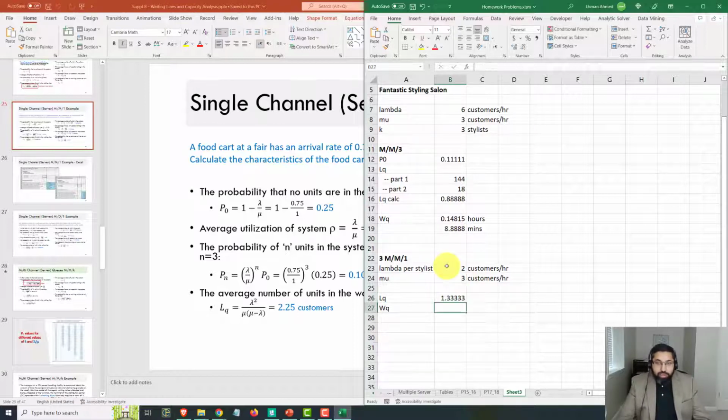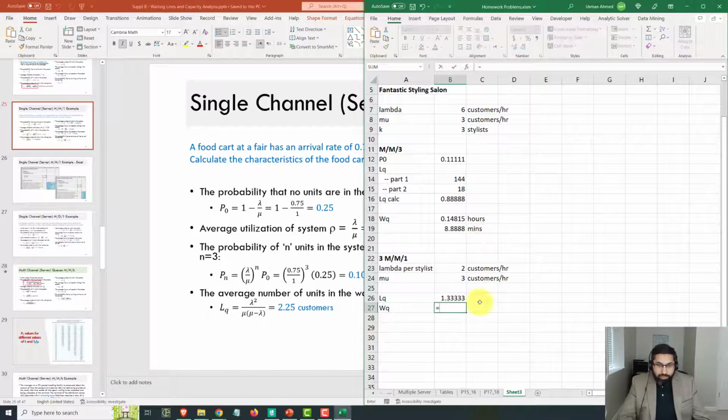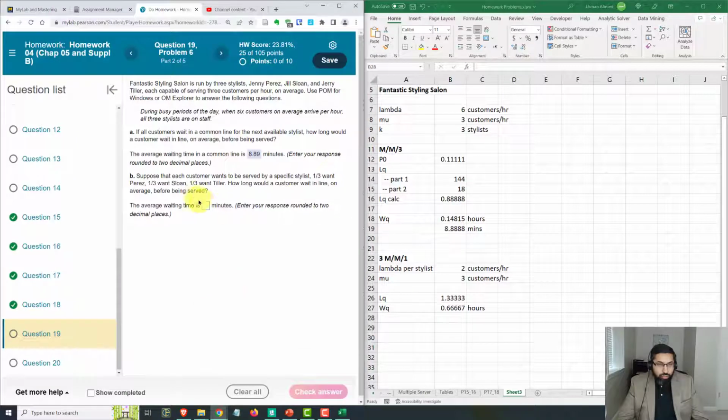Okay, and so we get 1.33, and then WQ is simply LQ over lambda. That's going to be LQ divided by this new lambda, and that's 0.66 hours. Okay, now the question wants us to put in minutes, so again we'll do this times 60 to get minutes, and the waiting time is 40 minutes.